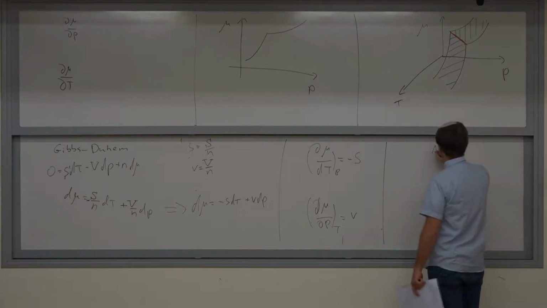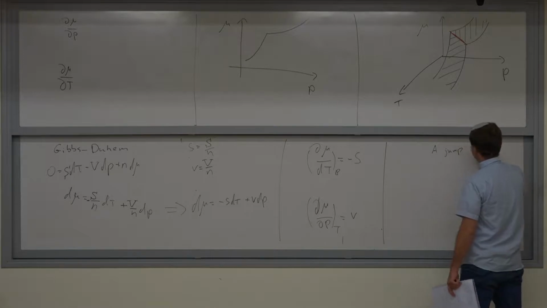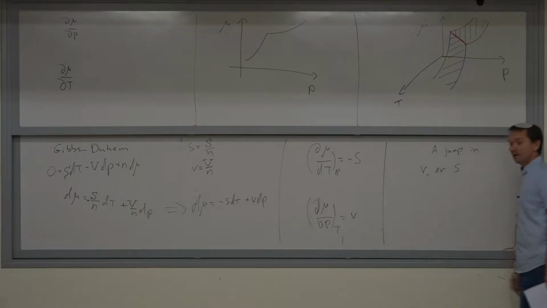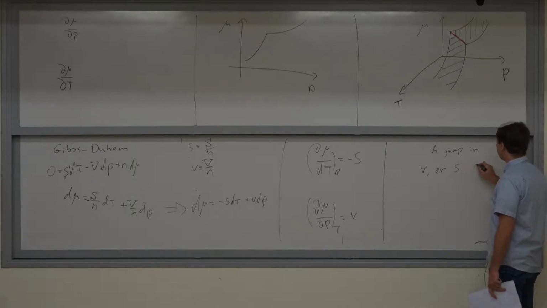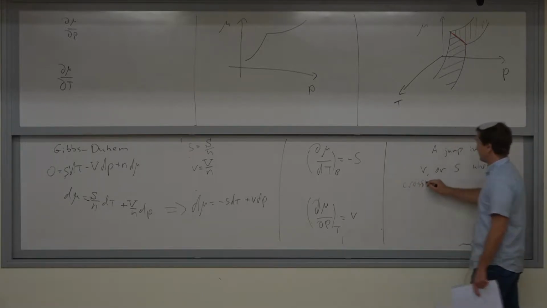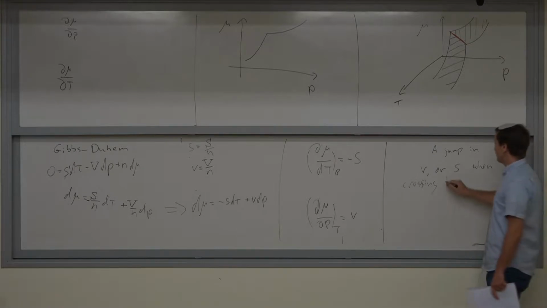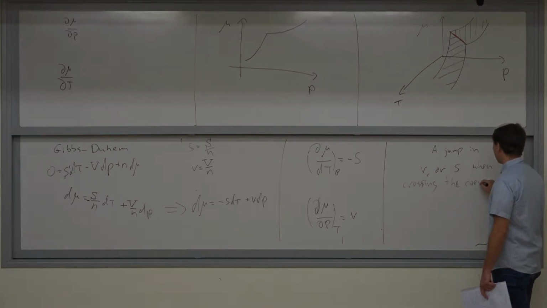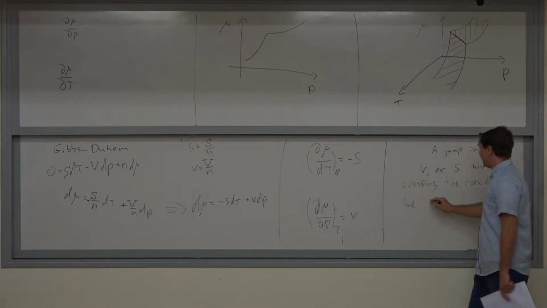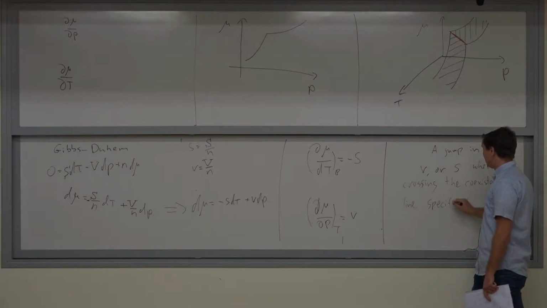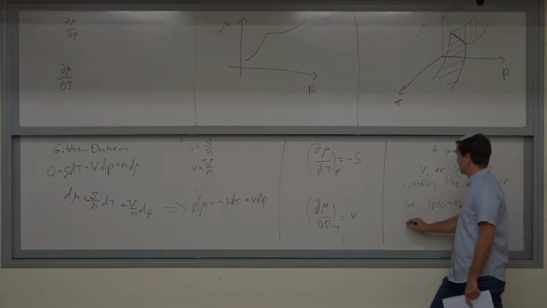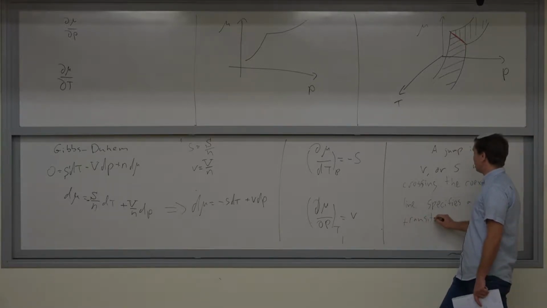We can say a jump in v or s when crossing the coexistence line specifies a phase transition of the first order.